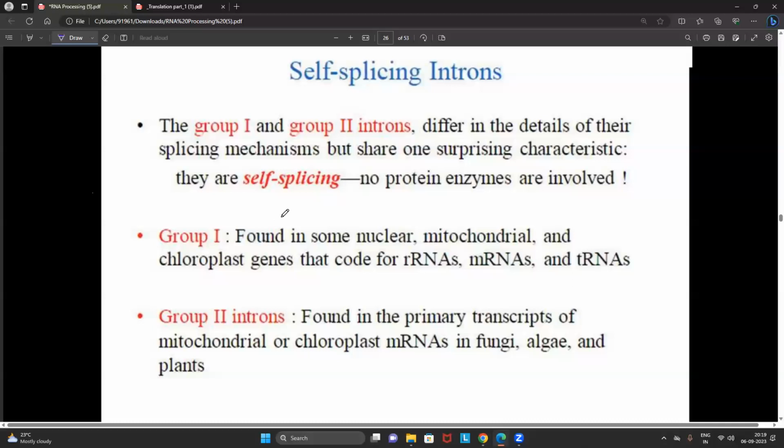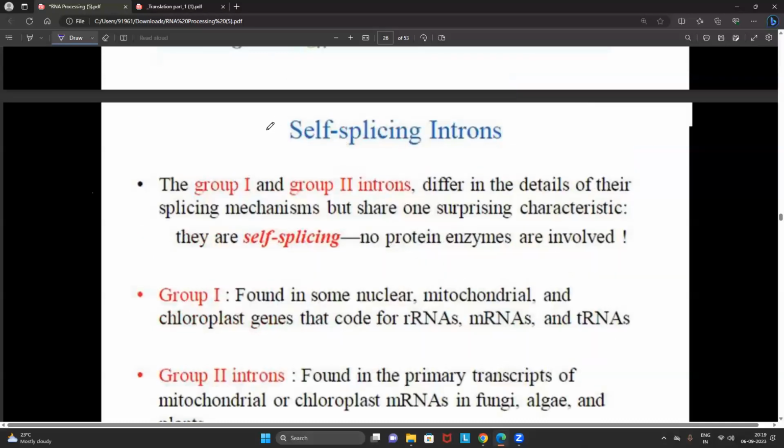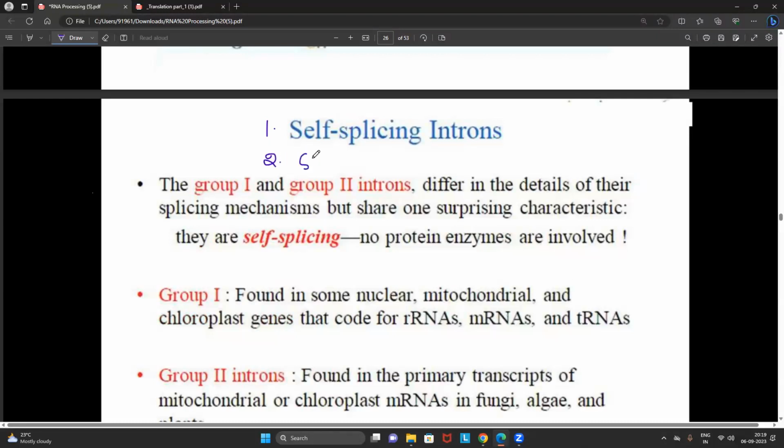Now let's try to understand the different types of splicing. Look into this. The first one is called the self-splicing mechanism. The next one is spliceosomal mediated splicing. And the third one we can call alternative splicing. We will discuss one by one. It's not required actually, but I'll explain up to spliceosomal mediated splicing.